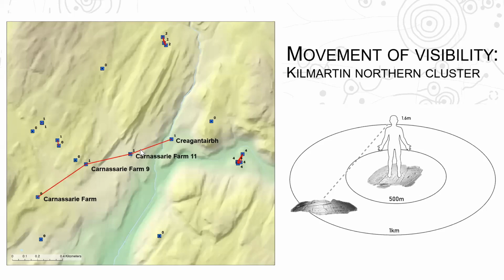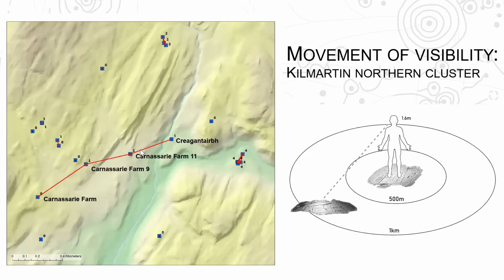I mentioned earlier how rock art has been associated with paths and boundary markers. Our cone of vision tends to be more limited if we're looking up a slope than looking down a slope due to the natural gradients of the terrain. So this line does not necessarily indicate which direction the visibility points to, but a closer look at the pairs reveals that the visibility is actually moving down the slope.